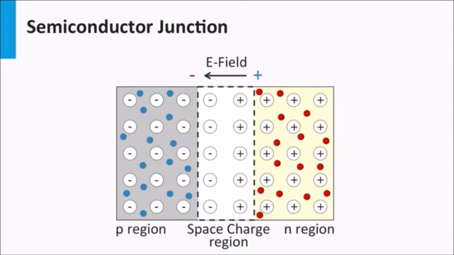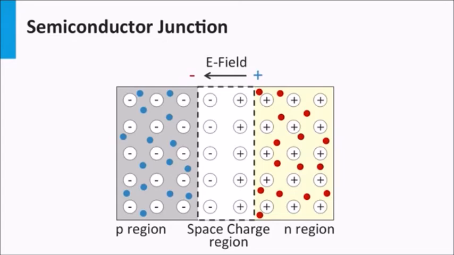This results in an electric field across the space charge region, which is directed from the n-type region to the p-type region. This will induce an opposite movement of charge carriers in reference to the diffusion.